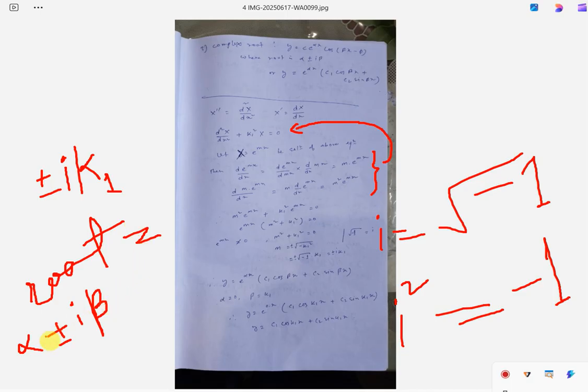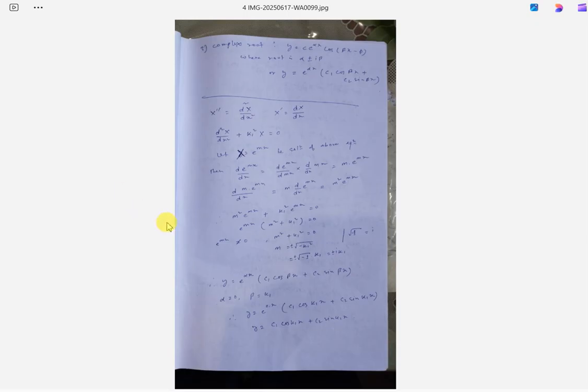So alpha is equal to 0 and beta is k1. If we do the substitution, e to the power 0x is 1, so the solution will be c1 cos k1x plus c2 sin k1x.